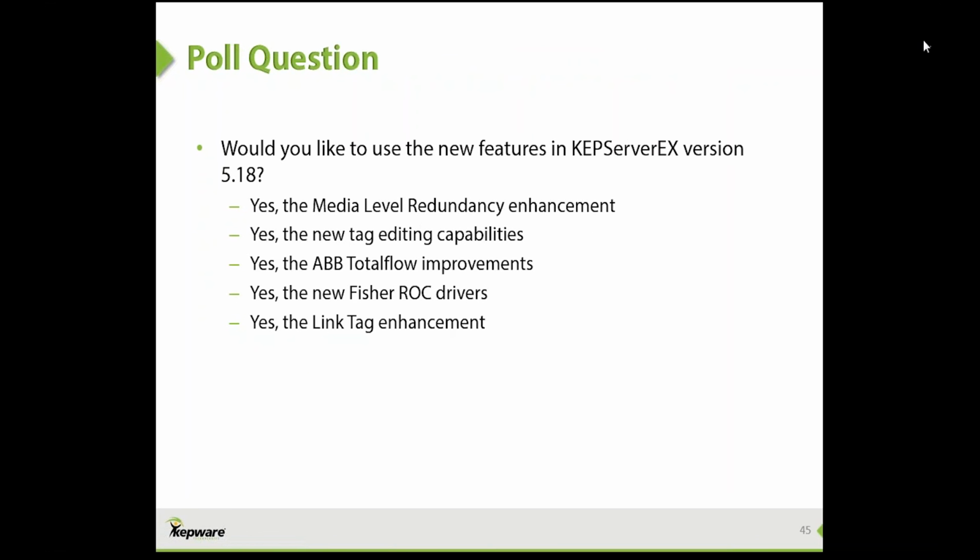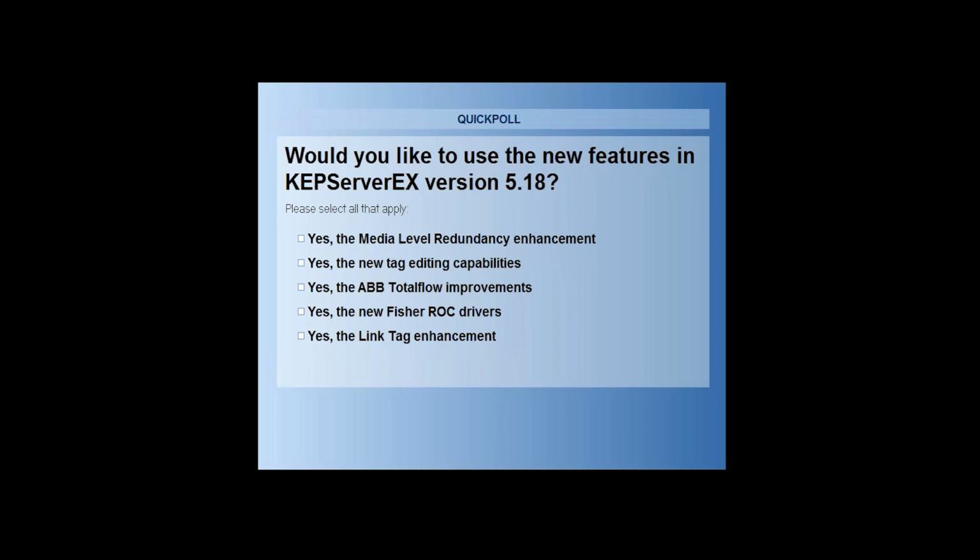Last question of the day: would you like to use any of these features? So anything we just talked about. I wasn't able to put client ACE up here because I'm only allowed 5 different options, but this is multiple answer, multiple choice, so you can select multiple of these options. Are you going to use any of these new features?